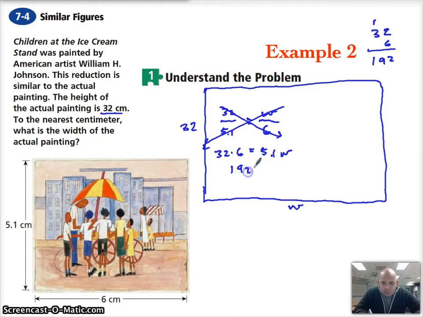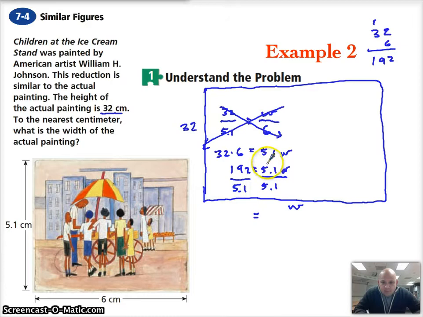So 192 equals 5.1 W. Now I need to divide both sides by 5.1 in order to isolate that variable.